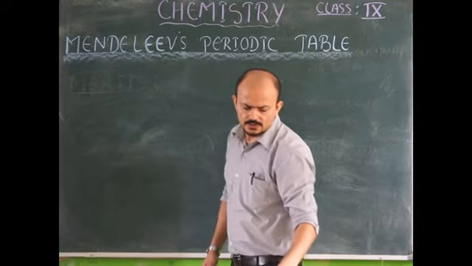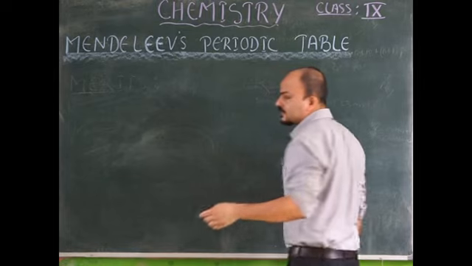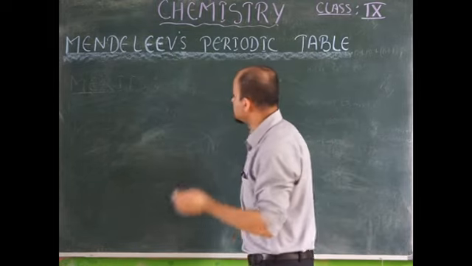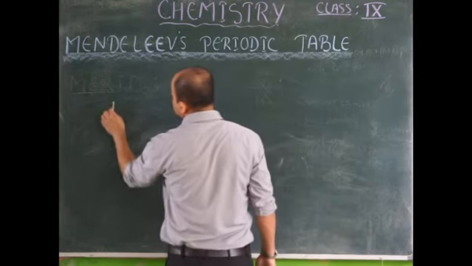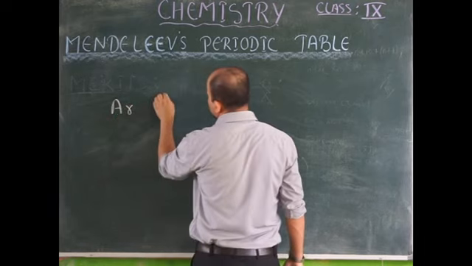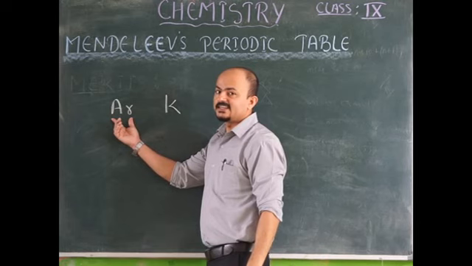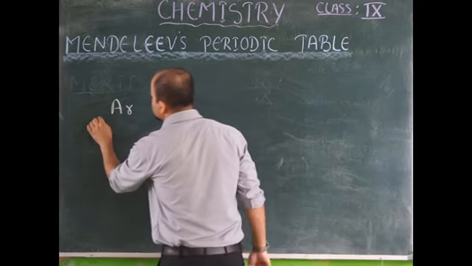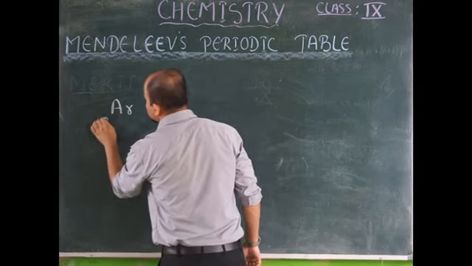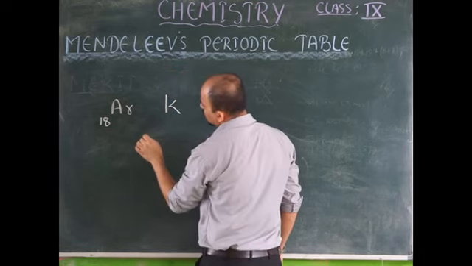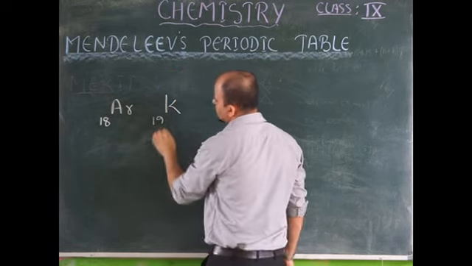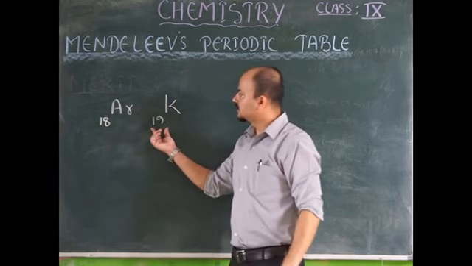Like in your modern periodic table, you have argon and you have potassium. Argon is 18, potassium is 19. Now I am talking about the modern periodic table; these are the atomic numbers.